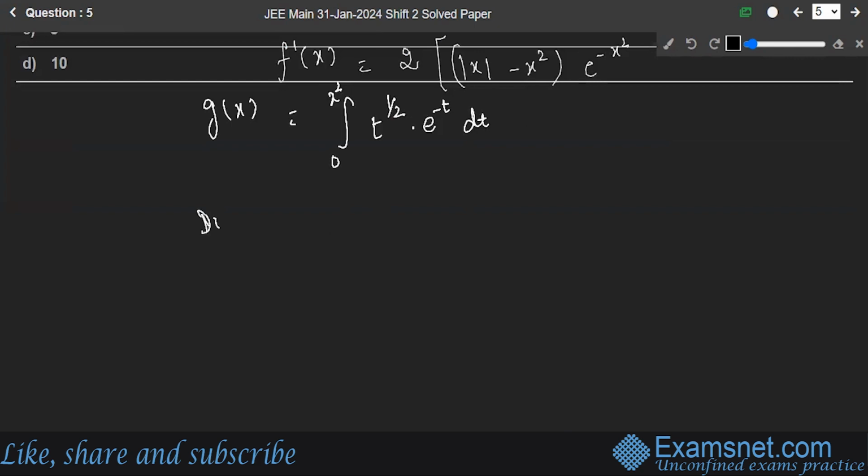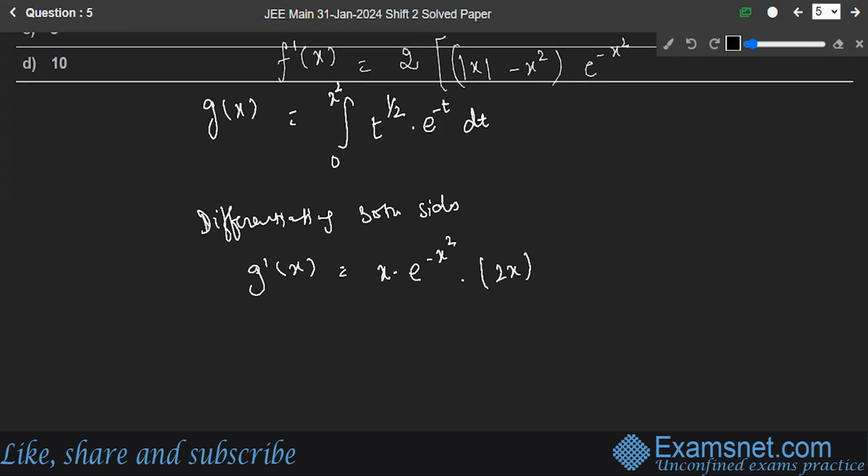Again, differentiating both sides, you will have g dash x is equal to x, because t square, that is x square raised to power 1 by 2, this will give me x only. x into e raised to power minus x square into x square, this is given by minus 2x. Okay, and minus minus they will cancel out. This is your g dash x.